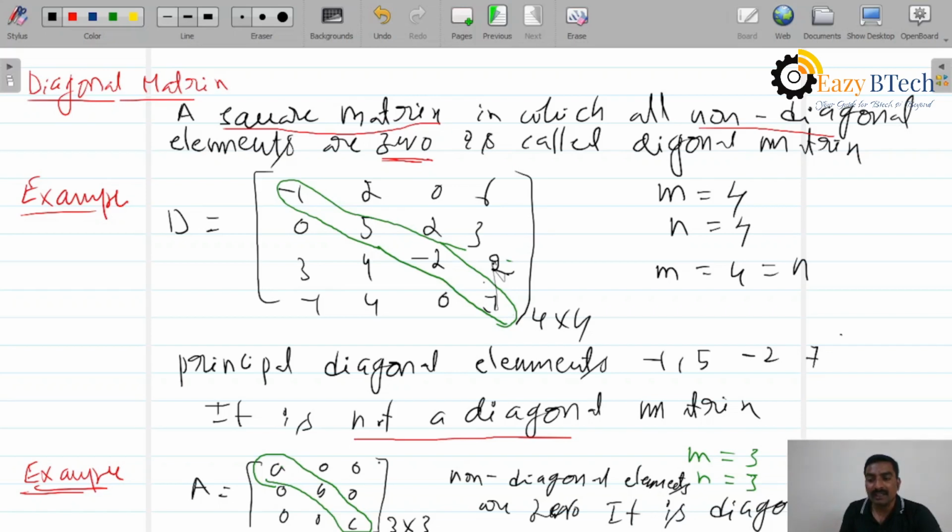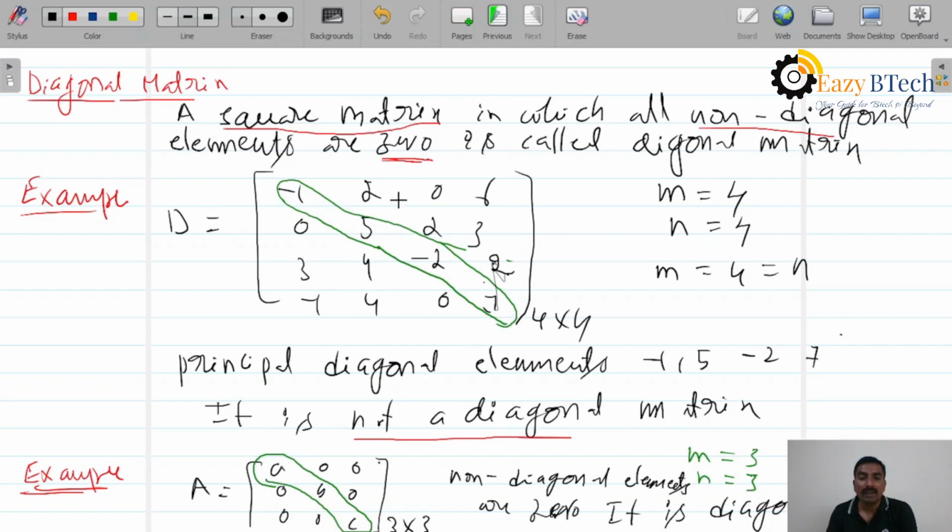So just understand the difference between the above example and the below example. In the above example, the principal diagonal is -1, 5, -2, 7, but here it is A, B, C. In the above example, the elements above and below the principal diagonal are not 0, therefore matrix D is not a diagonal matrix.